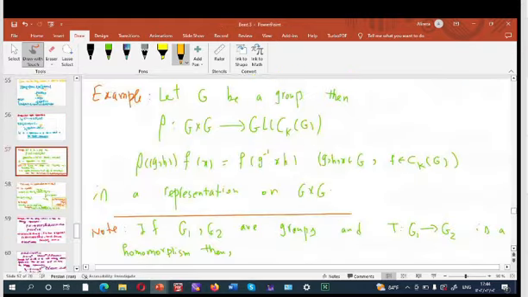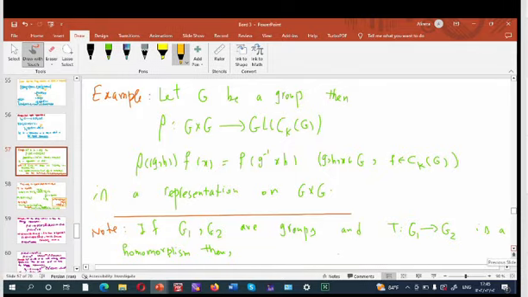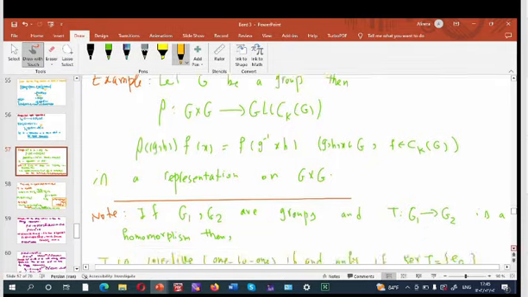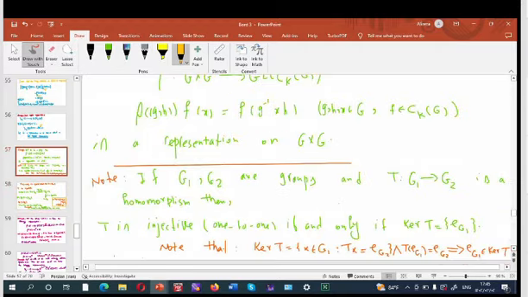This is another example by this group. Note that if G1 and G2 are groups and T from G1 to G2 is a homomorphism, then T is injective, one to one, if and only if the kernel of T is equal to {E}.